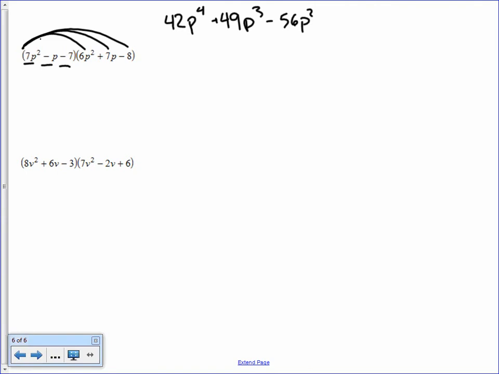Okay. So we're done with that 7p squared. Now we're just dealing with the -p. Again, we need to distribute that guy through. So negative p times 6p squared, that's going to give me a negative 6p to the third minus 7p squared plus 8p.